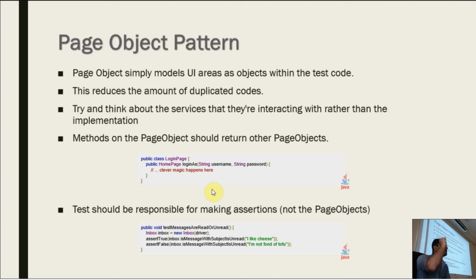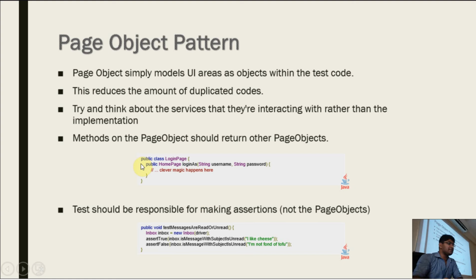Because when we click on a menu, definitely we will get redirected to another page, right? So likewise, always after we do an action, if we get redirected to some new page, we need to return a page object.